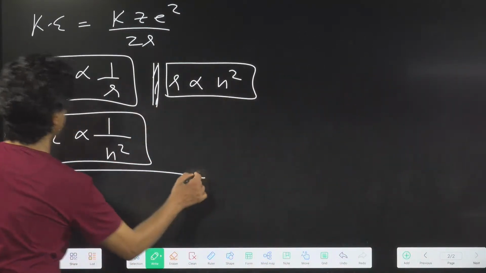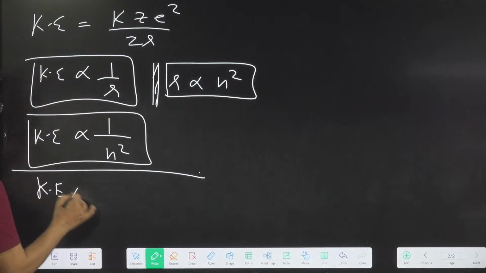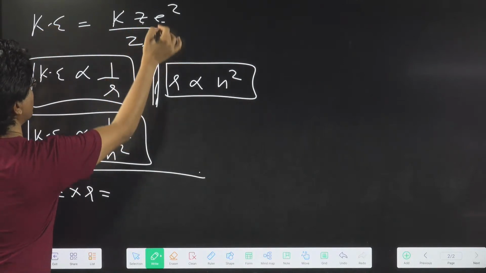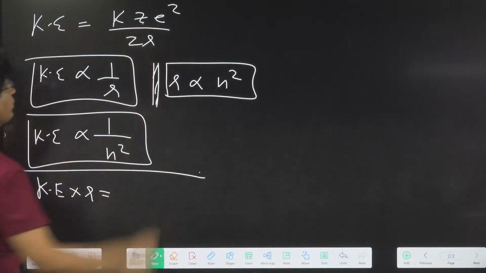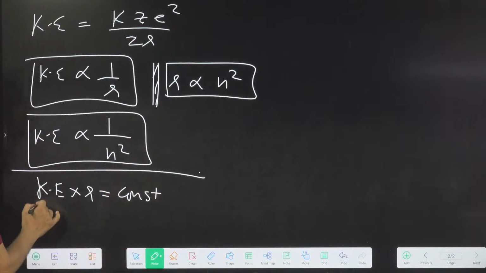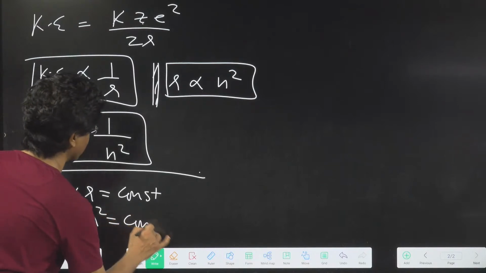Also I can say that if I take R over there, kinetic energy into radius, with K constant, Z constant, E constant, and this 2 also constant, this will give me a constant. Yes or no? And kinetic energy into N square will also be a constant.